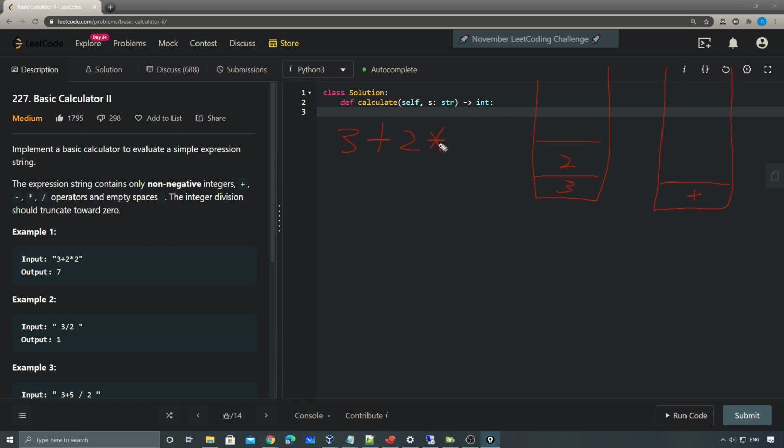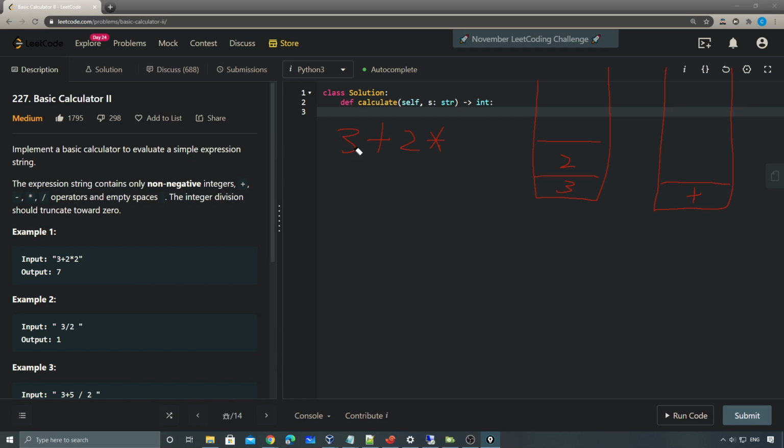If the current operator has a higher priority than the top one in the operator stack, then we cannot calculate those two numbers.